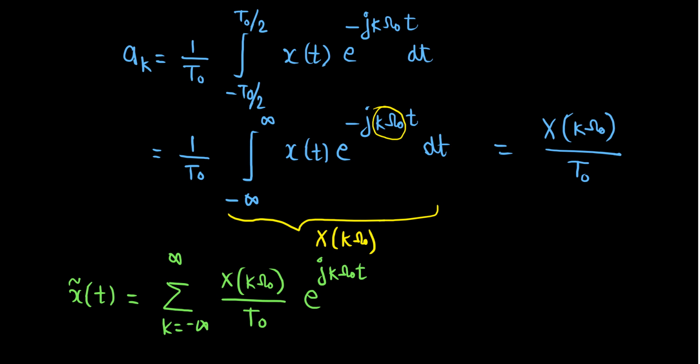Now this t naught, we know, is 2 pi by omega naught. I can replace that.